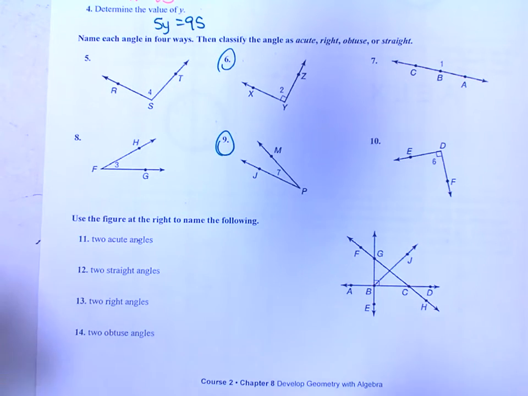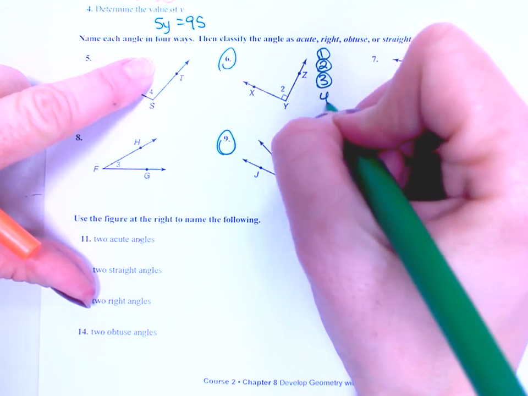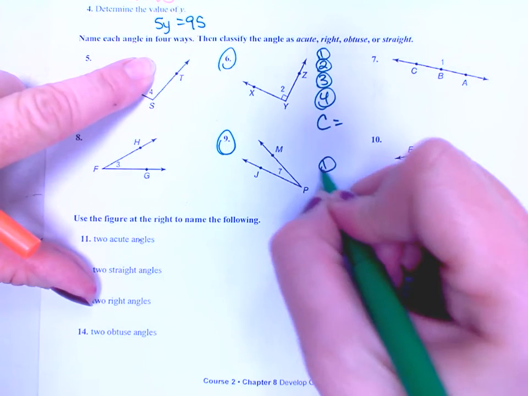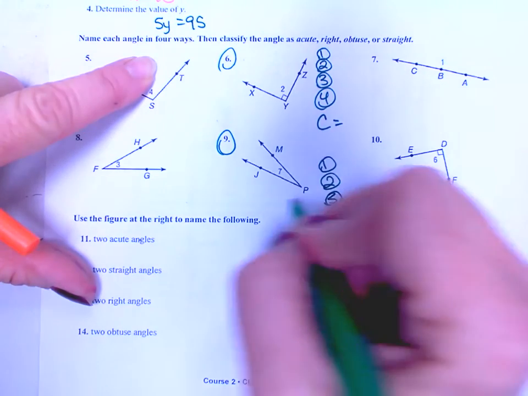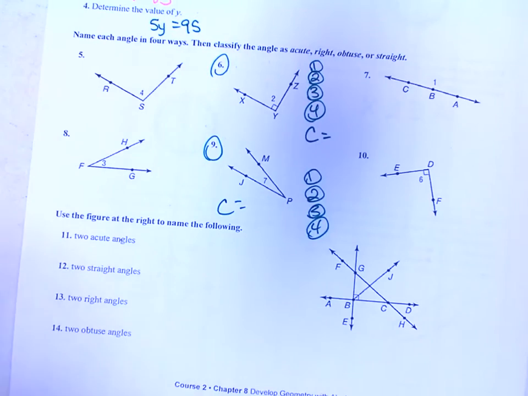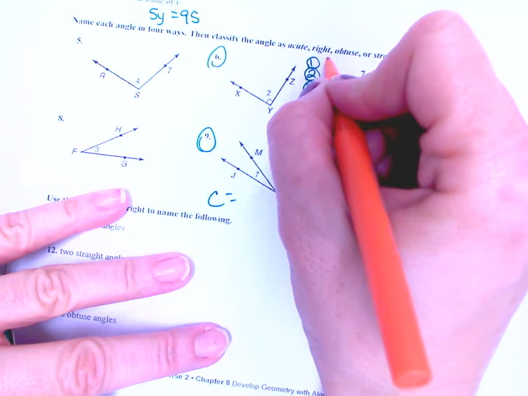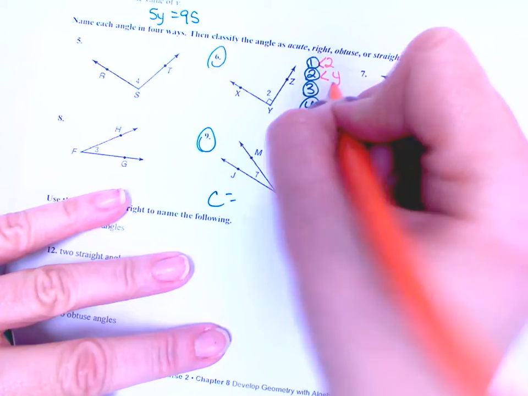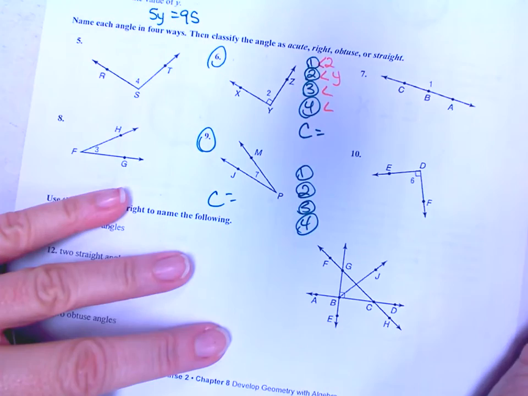Okay, so name each angle in 4 ways. So 1, 2, 3, 4, and then you're going to classify it. So I can call this angle 2, angle y, and list 2 more ways, and then classify it.